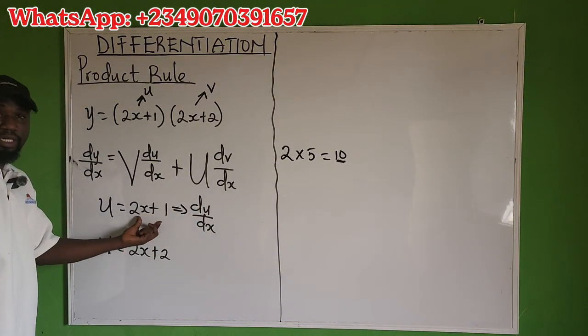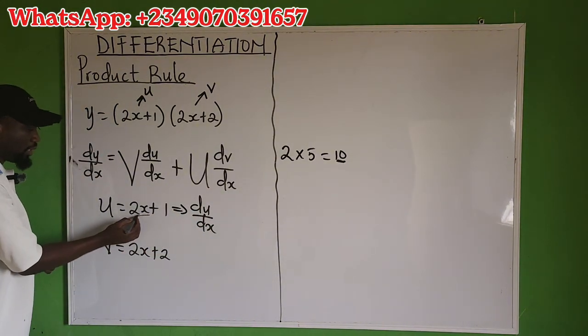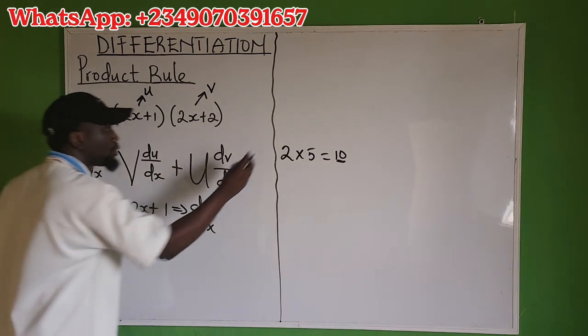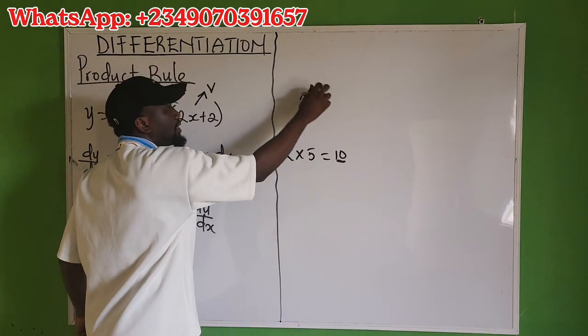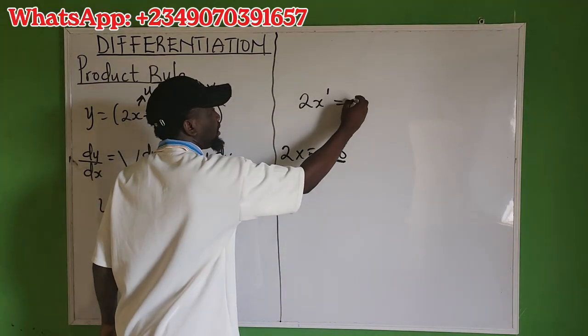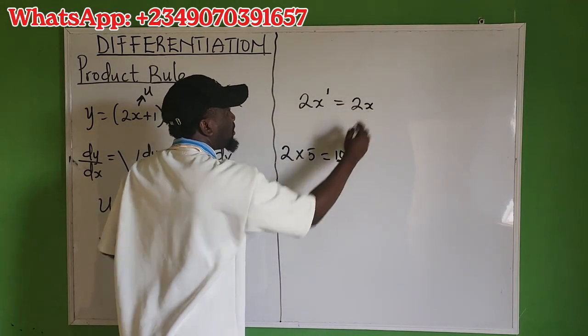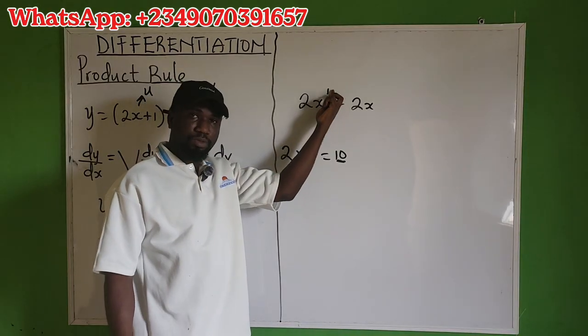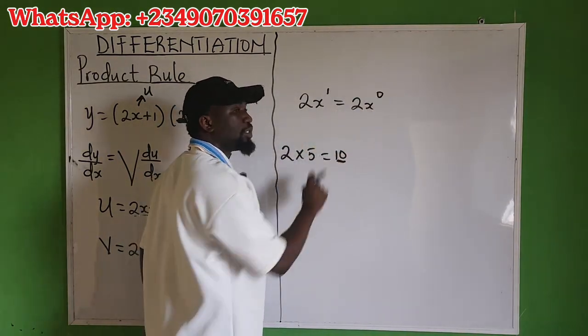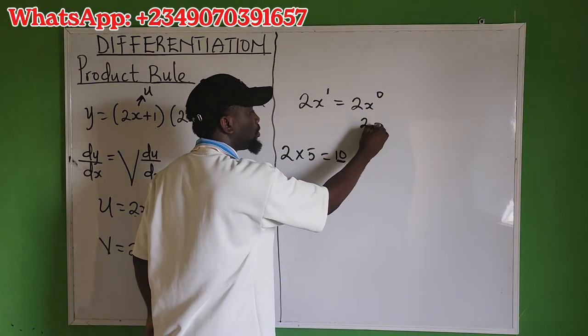If I differentiate 2x, that will give us 2, because the index of x is 1. So 1 times 2 is 2. Then x to the power 1 minus 1 is x to the power 0, which is 1, and 1 times 2 will give us 2.